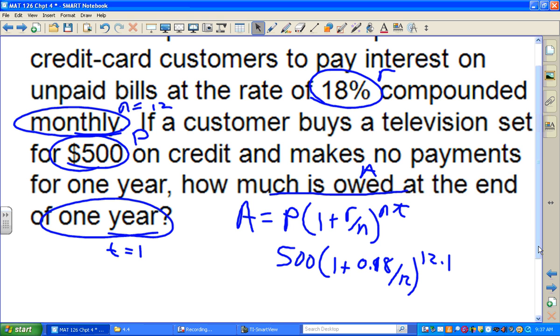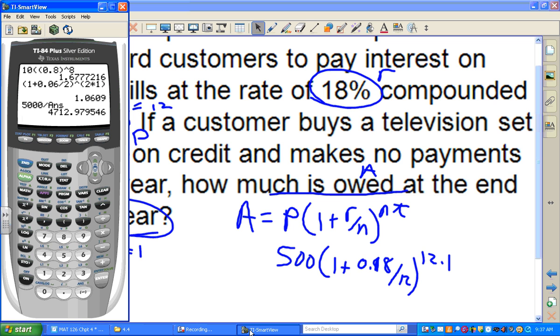All right, now you set it up? Good. And you just punched it out, right? All right, let me give it a go. 500 times (1 plus 0.18 divided by 12) caret 12 times 1.